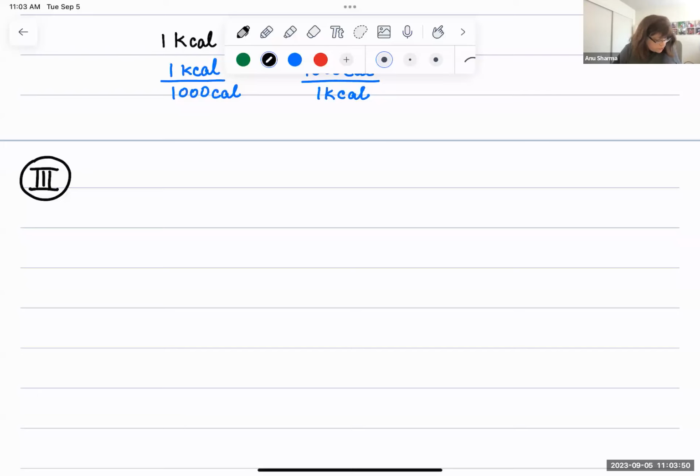Let's do some of these conversions here. We are going to use problem 3.26, on page 75.